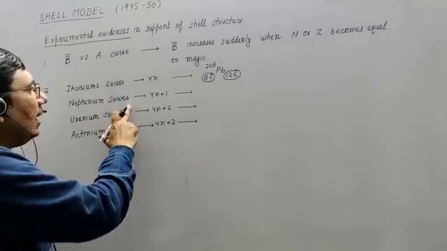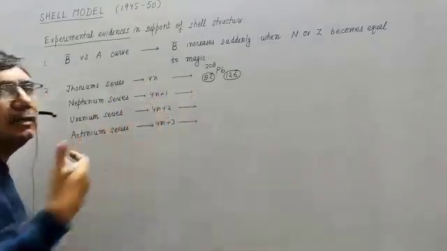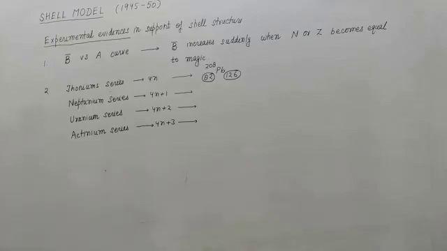In the end products of all these 4 series, you will find that either the proton number or the neutron number, or both, are magic numbers.